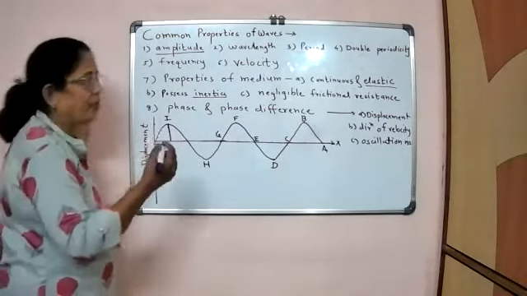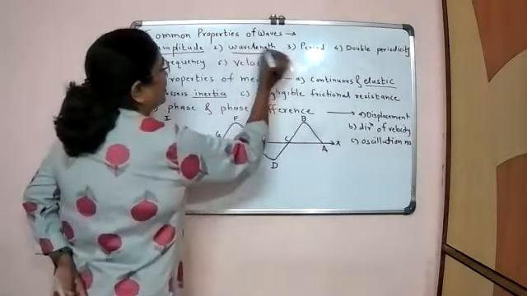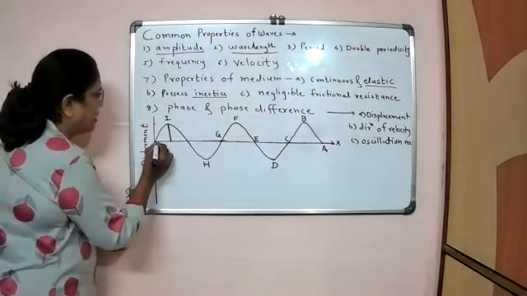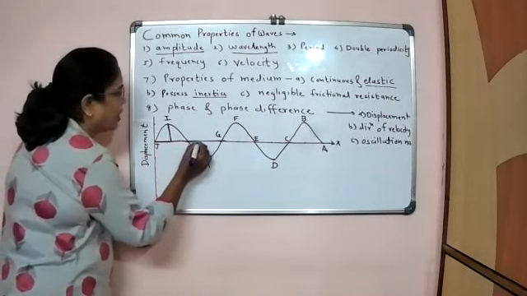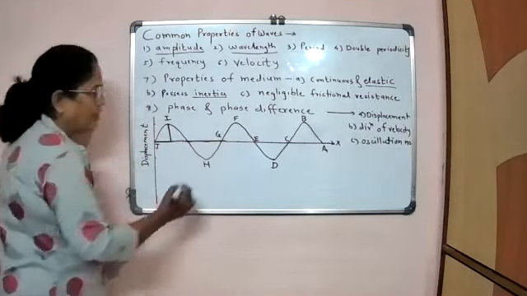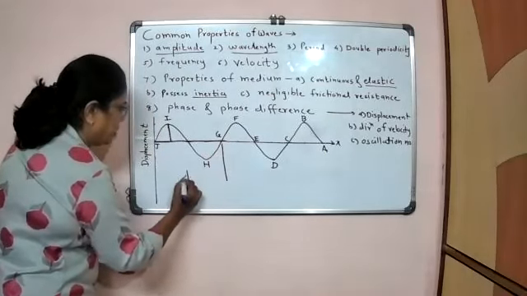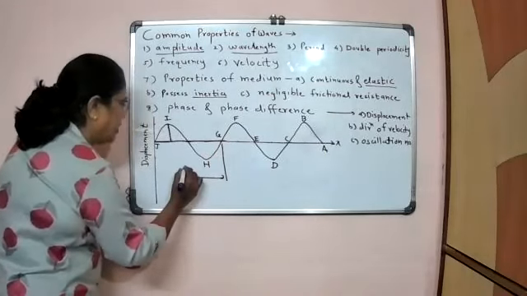Then second property, wavelength. See, this distance is called wavelength, lambda.